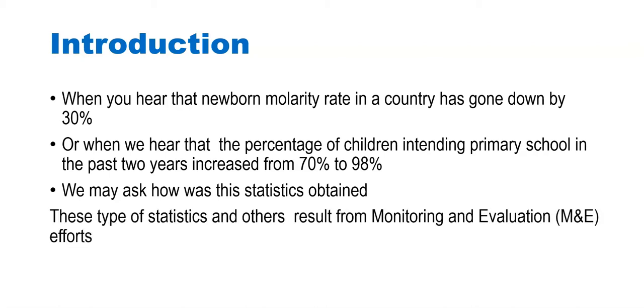The answer is simple: these types of statistics and others of similar nature usually result from monitoring and evaluation efforts. That's why I've decided to talk with you about how you can design an M&E system, particularly for public institutions. Then what is M&E?